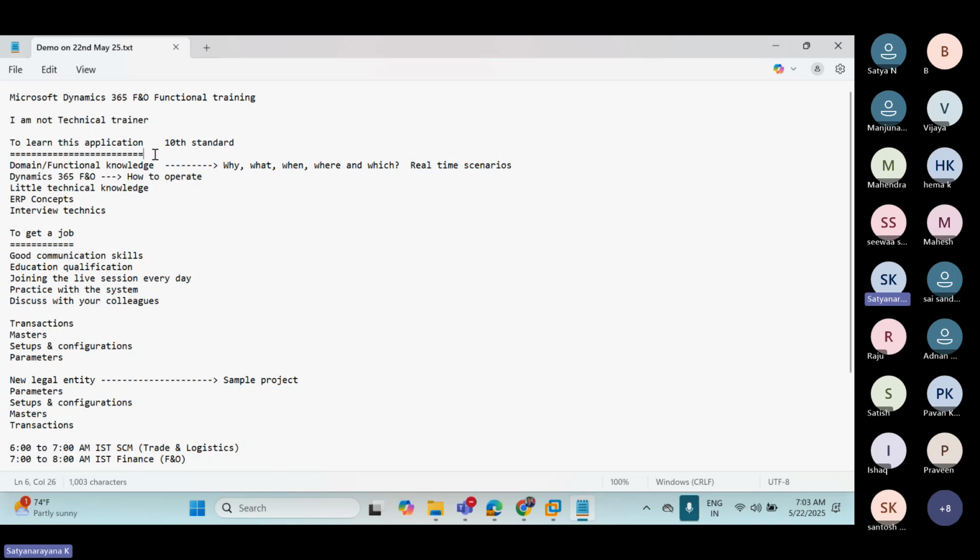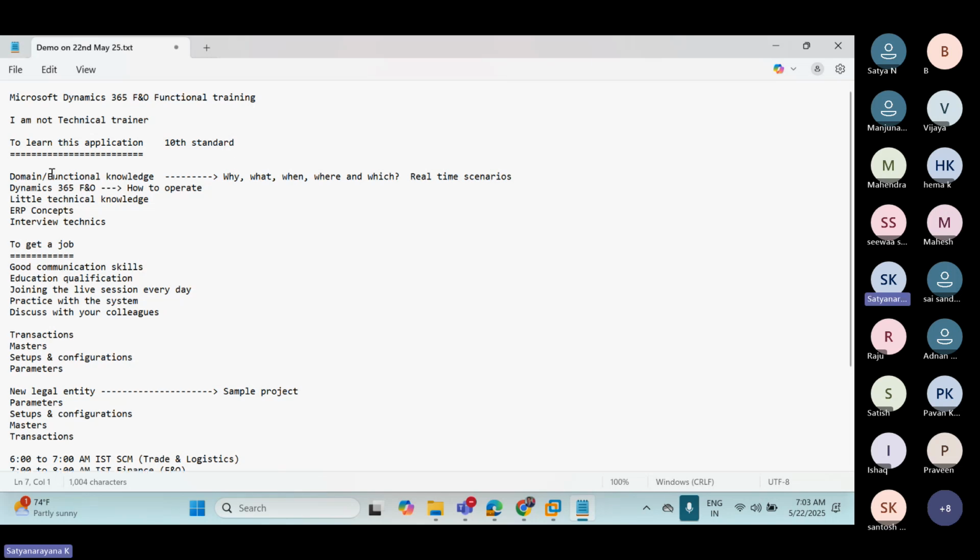If you want to learn this, you need to have domain knowledge or functional knowledge. That means real-time scenarios. If you have questions like why, what, where, when, which, then these are real-time scenarios that you need to learn.